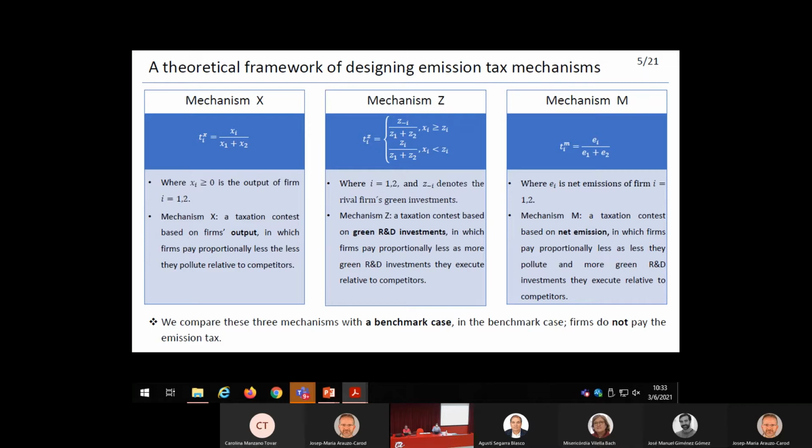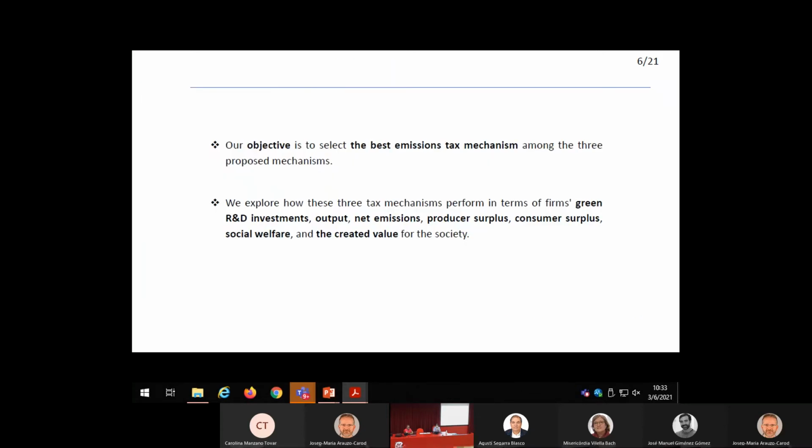This one is a mixture of the previous two. Then we compare these three mechanisms with a benchmark case. We assume that in the benchmark case, firms do not need to pay any emission tax. Our objective is to select the best emission tax mechanism among the three proposed mechanisms.